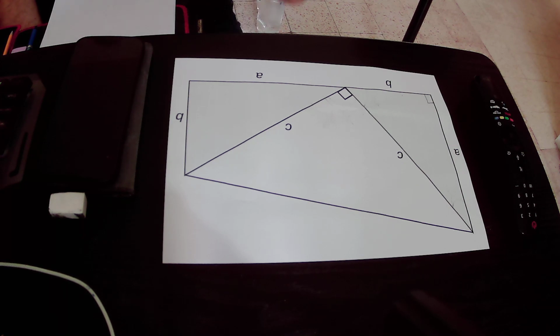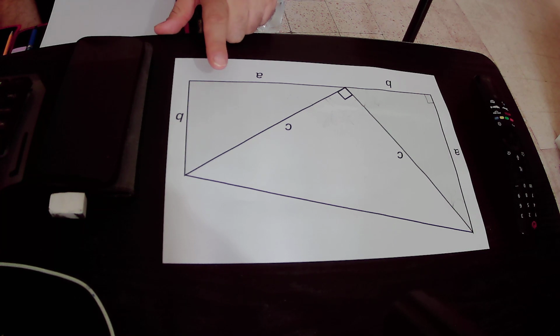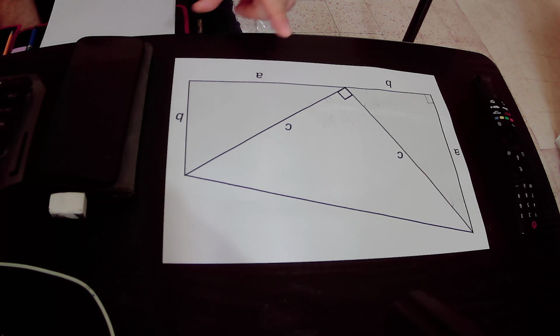And for that reason, the third side of the left triangle must be side C, because it is side C in the right triangle, and the triangles coincide with each other, so they have the same sides.